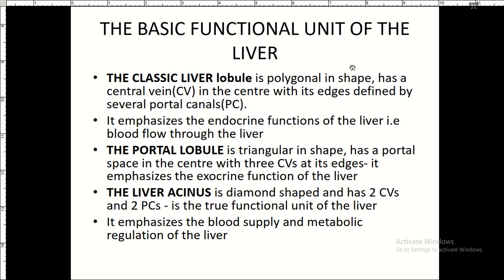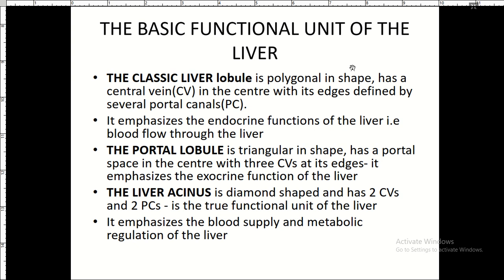Now, if you are asked about the liver, you have to know what a liver lobule does, what a portal lobule does, and what the liver acinus does. These are the main functional units of the liver, divided into these three. Let's start with the classic liver lobule. We have already spoken of it.